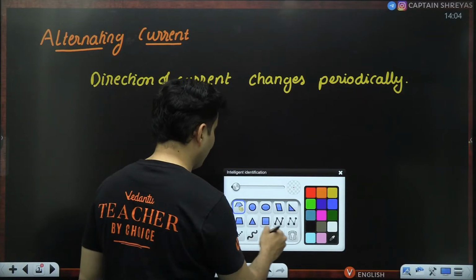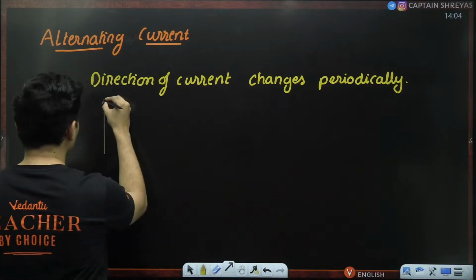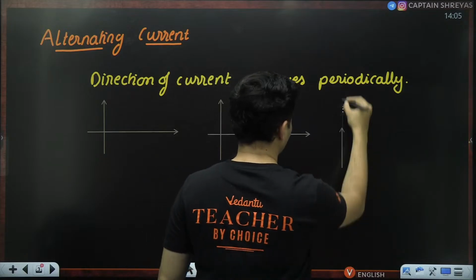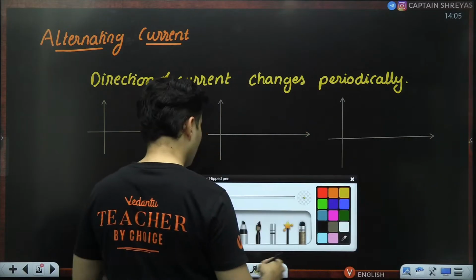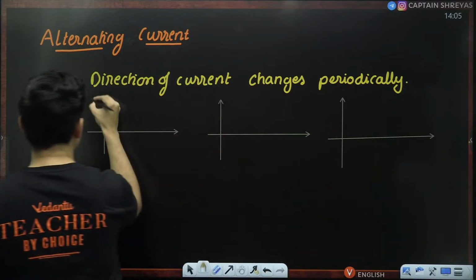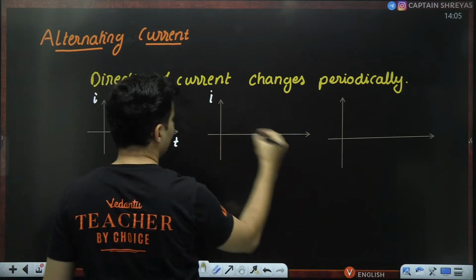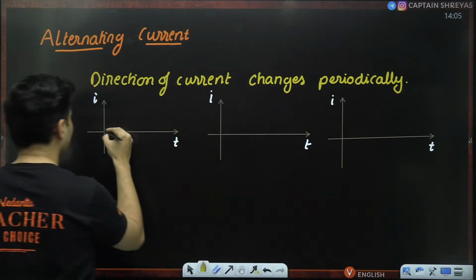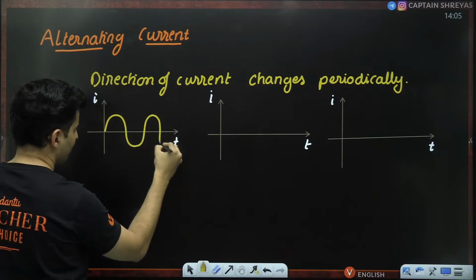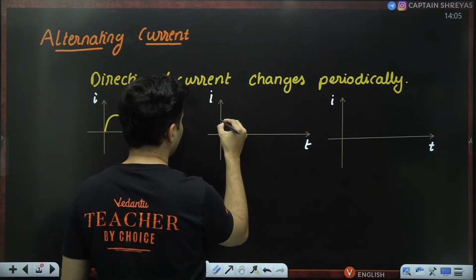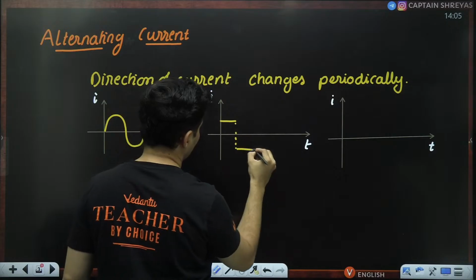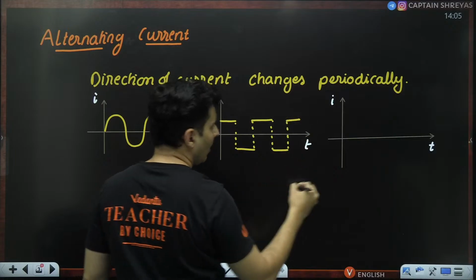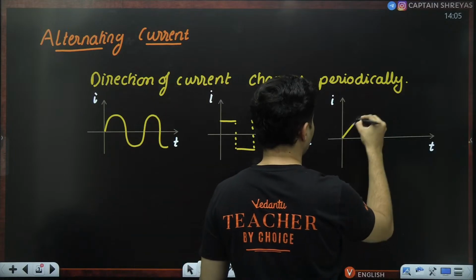Some examples graphically, if I like to show you of alternating current. See, if all these are basically current versus time graphs, then imagine a graph like this, or something like this, or maybe like this.